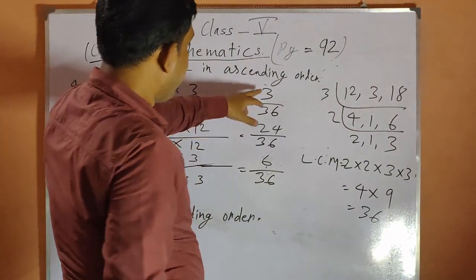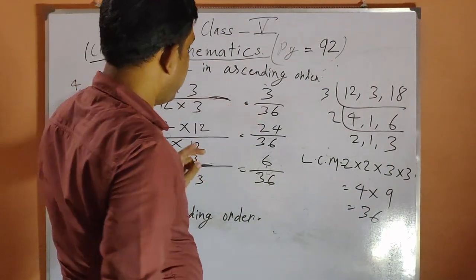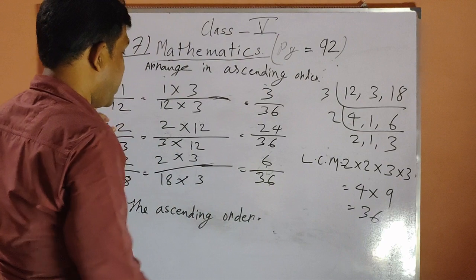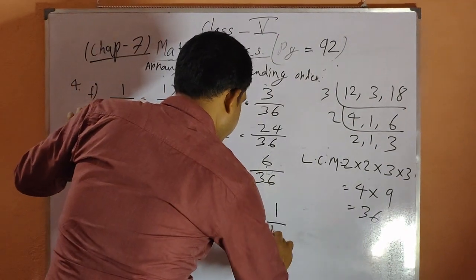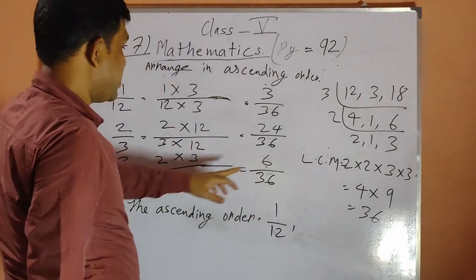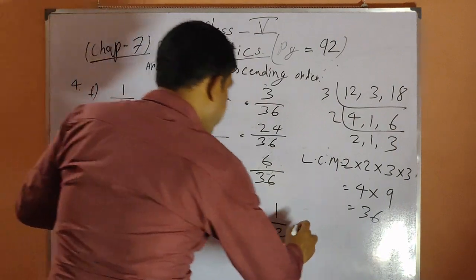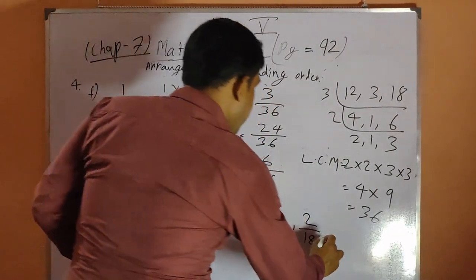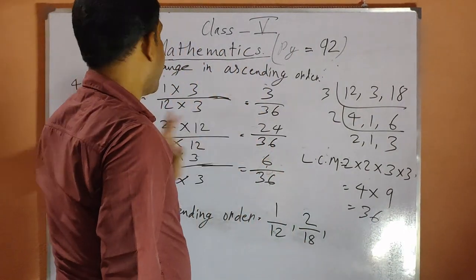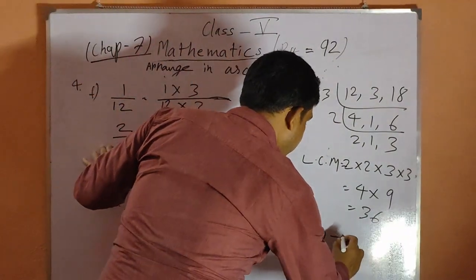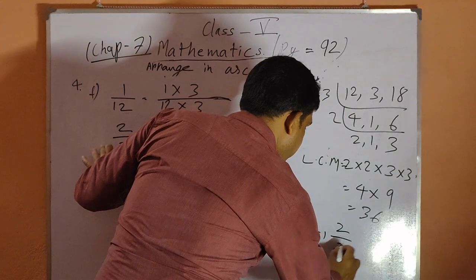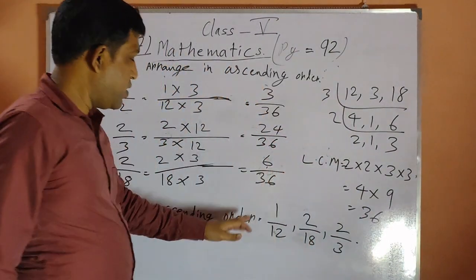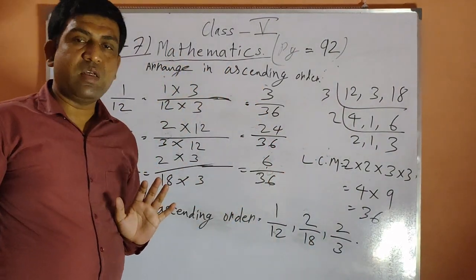From here you get 3 by 36 is the lowest. 3 by 36, that means 1 by 12. Then 6 by 36, that means 2 by 18. And the last one is 24 by 36, that means 2 by 3. That means you get the ascending order.